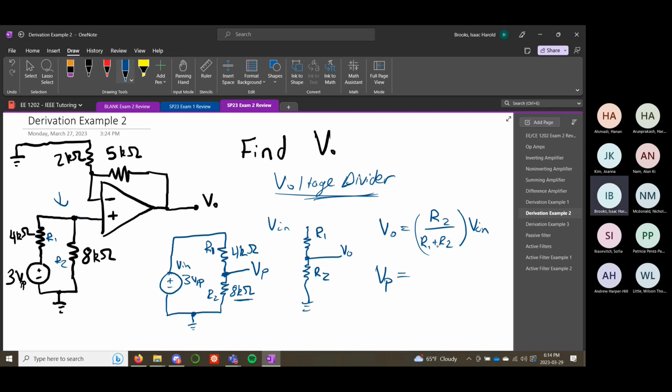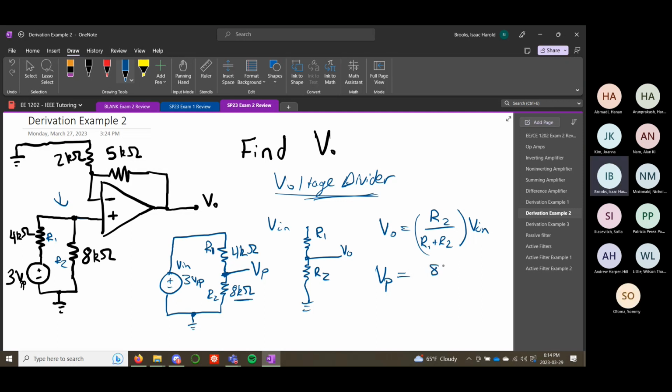The voltage division equation tells us that this is 8 kilo ohms over 4 kilo ohms plus 8 kilo ohms times 3 volts. This is 8 over 12 times 3, which is 2. That'll give us 2 volts as our VP.